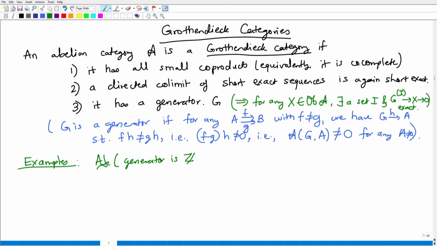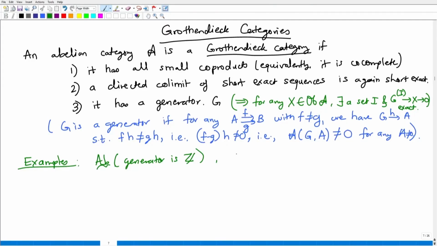We simply take Z to the power (X), and then send every unit vector, with only one non-zero entry, to the corresponding element. Then, without proof, we have seen that directed colimits and finite limits commute, and it obviously has all coproducts. This is a monadic category, so everything is created for free.